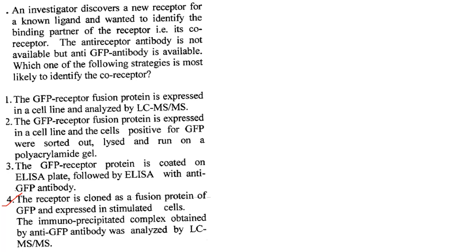The receptor-GFP complex you will get as the protein expressed in stimulated cells. Then you add your anti-GFP antibody, then the immunoprecipitated complex obtained was analyzed by LC-MS. So that is more correct. So answer is option 4.